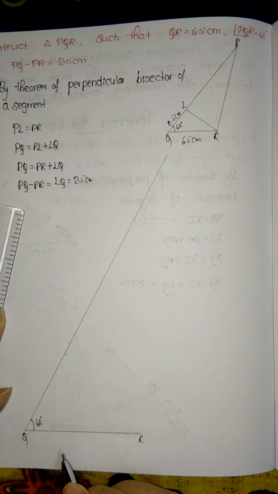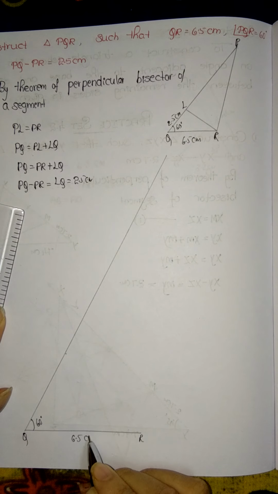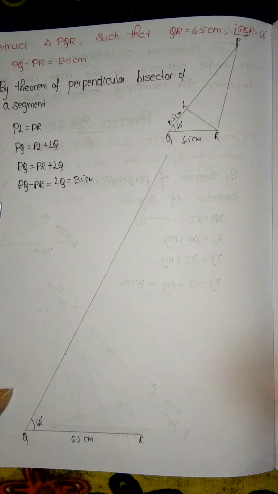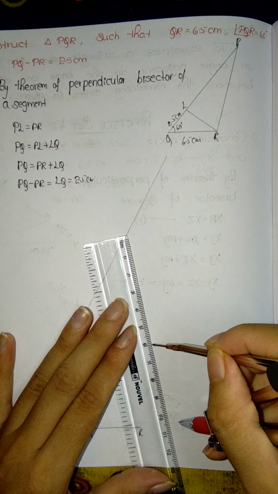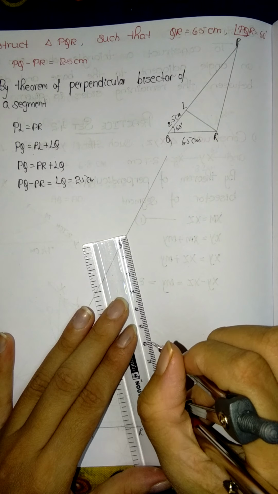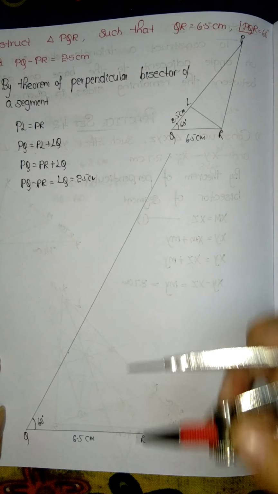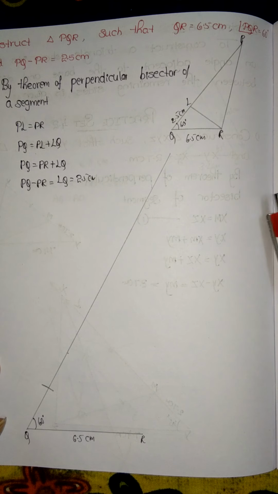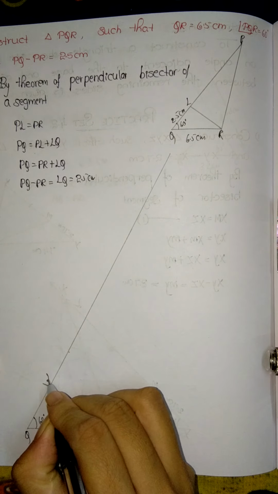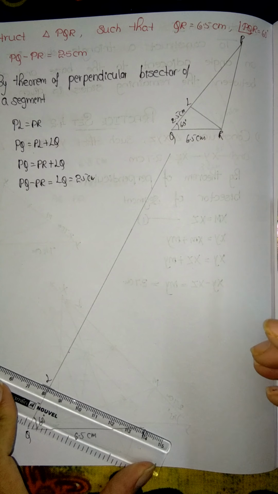And here it is 6.5 centimeter. Now here LQ is 2.5 centimeter. So take the measurement of 2.5 and cut here, give the name L, and join L and R.